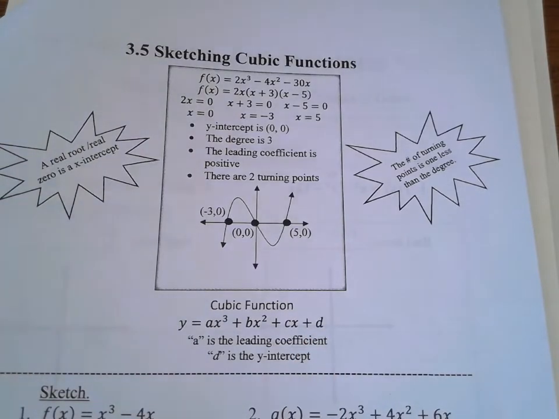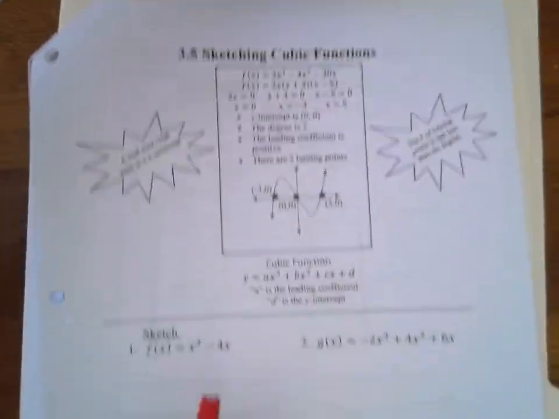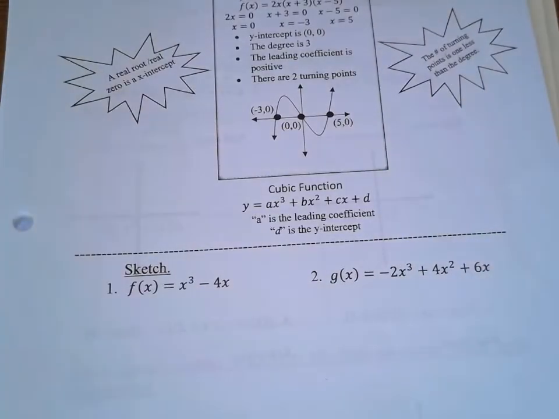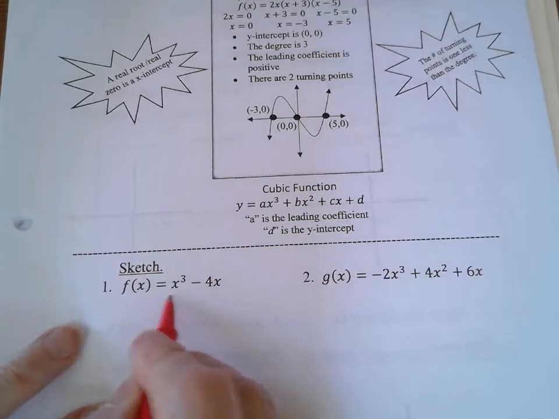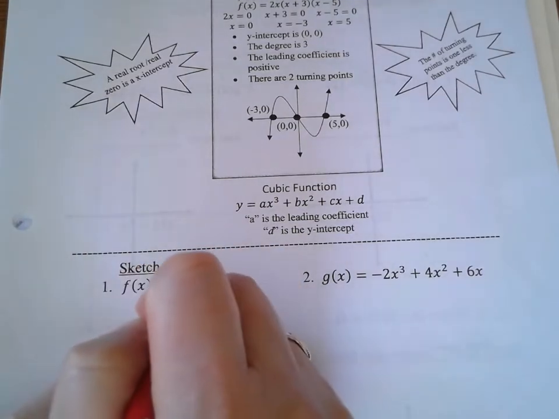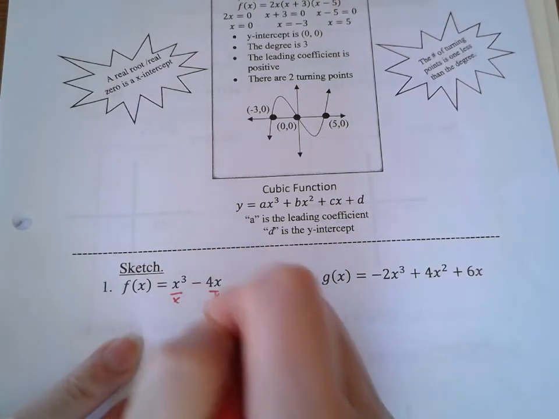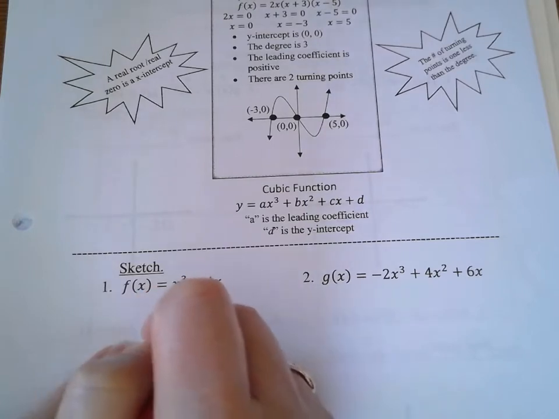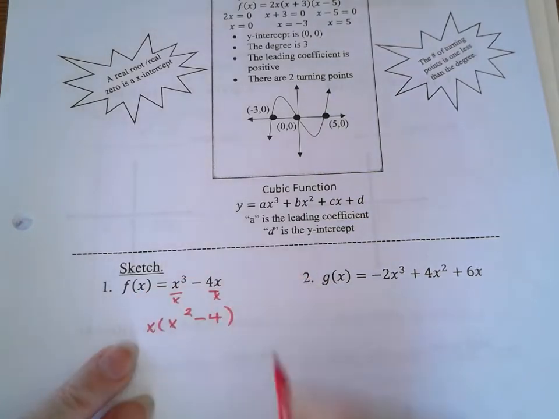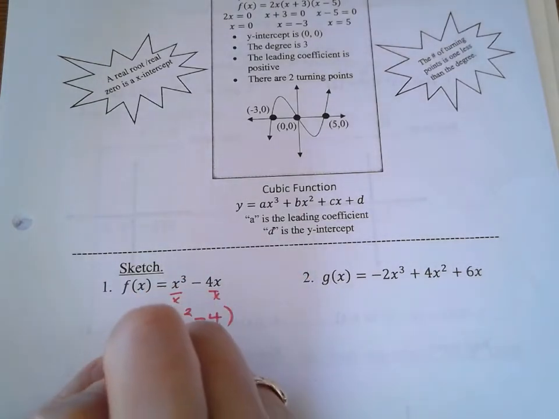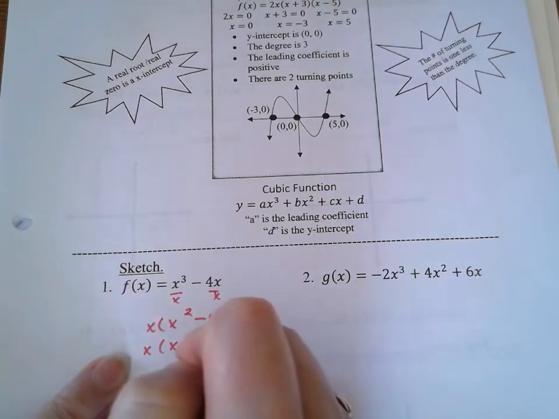So, sketching this particular cubic function, well, to start with, I'm going to factor this out. Again, GCF leaves you with an x squared minus 4, which will factor to an x plus 2 and an x minus 2.